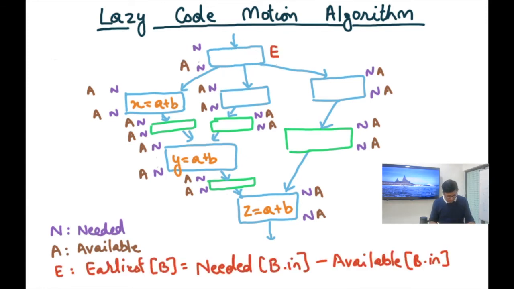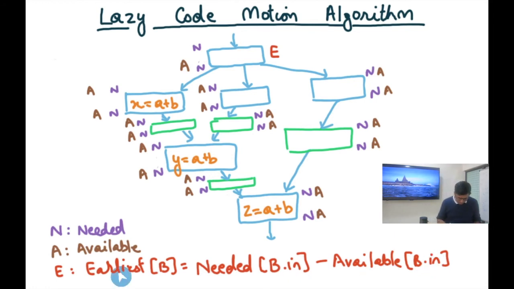Now I'm going to use the following definition of earliest to say that this is the earliest position where the expression can be placed without causing any extra computation on any path, and that is given by needed b.in minus available b.in.